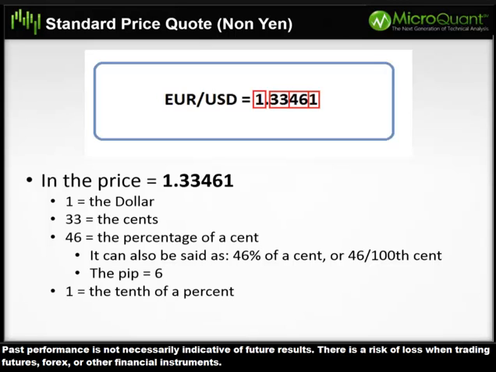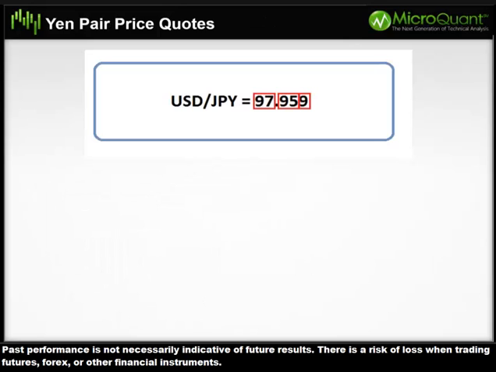Then take it one step further. That 1 is 1/10 of a percent. To make it a little more confusing, that 1 is your pipette. We'll see how it looks here, another fancy drawing for the yen. For the US dollar yen here, 97.959.